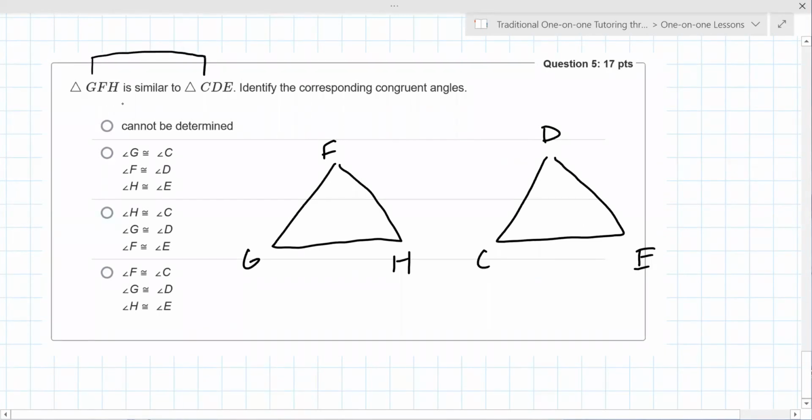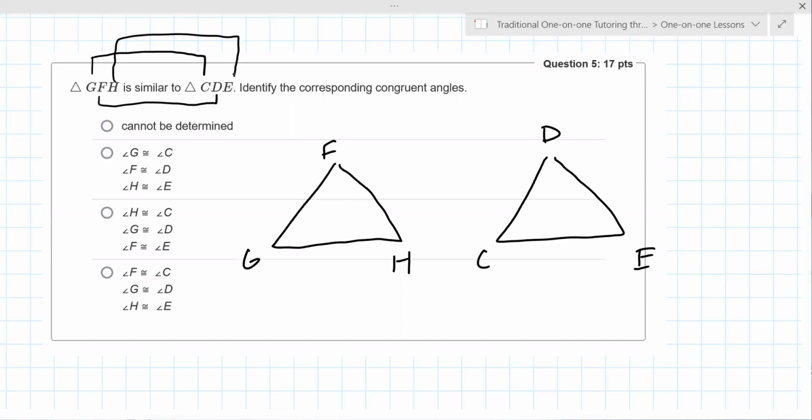G goes with C, F goes with D, and so on. So based on that, which of these is correct? Letter B. This one right here. Perfect.